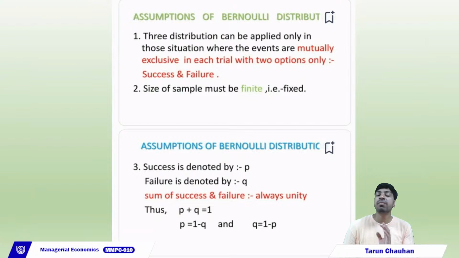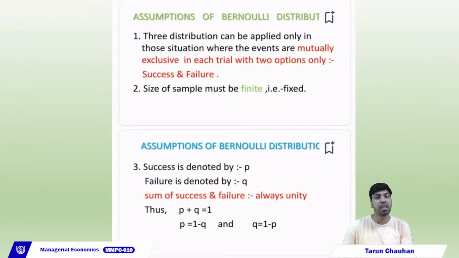There are three main assumptions of this distribution. It can be applied only in those situations where the events are mutually exclusive, with two options, that is success and failure, and the trials are limited. The size of the sample must be finite.